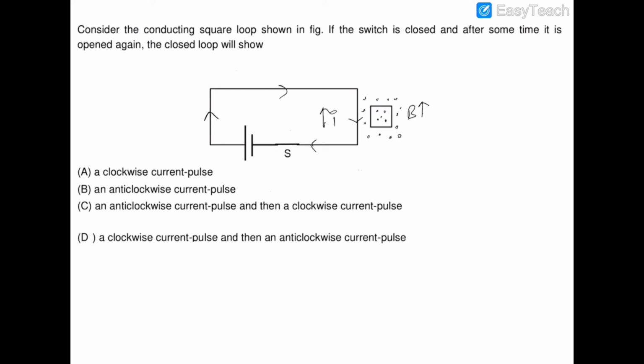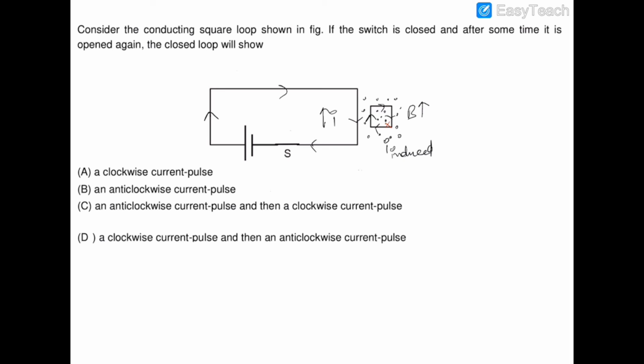So it will produce a magnetic field inside the plane, and therefore the current initially would be induced in the clockwise sense, so that the magnetic field due to this induced current will be in the cross direction. So initially the current will be in the clockwise sense.